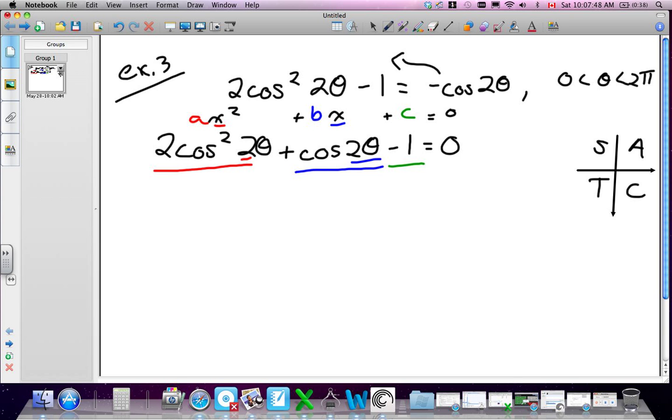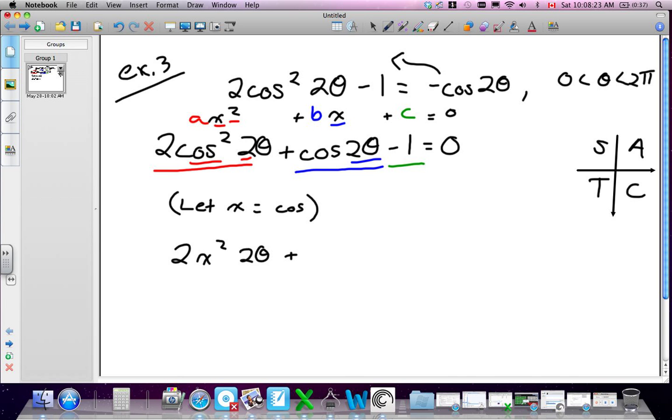So you could technically, if you want, have you ever done any equations where they say let x equal something? Let x equal cos. All you're doing here is making it a little simpler to look at. So you end up with 2x squared plus x. Oh, I've made this backwards.